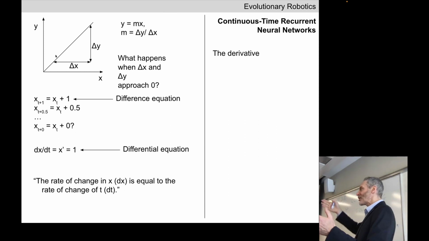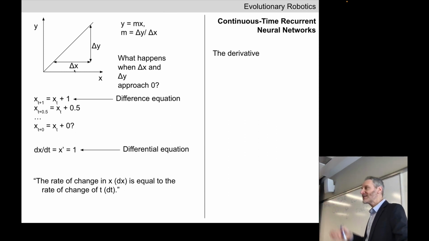But it gets harder and harder to think about rates of change as the amount of time or the amount of x that changes becomes less and less and less. If you have a phenomenon that's changing over time and you want to describe how it changes with a delta t of 0, it seems ill-defined. At the time that calculus was invented, there was no good way to actually describe this.